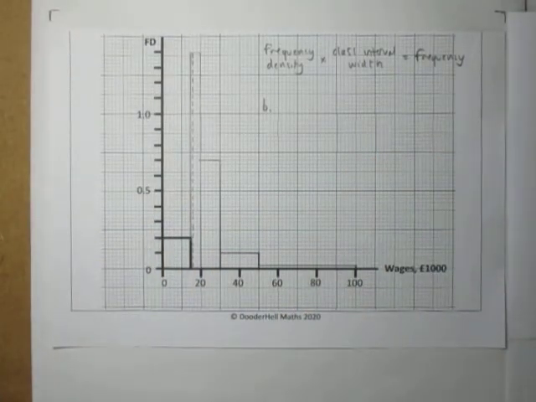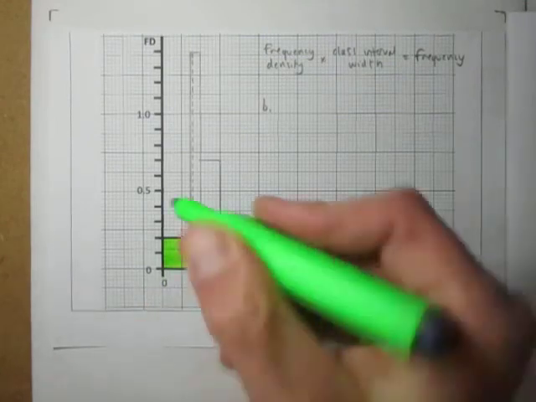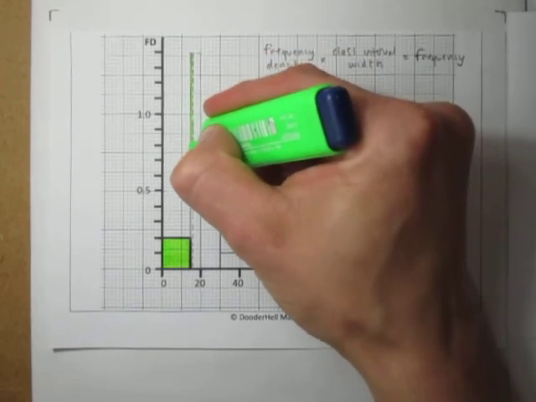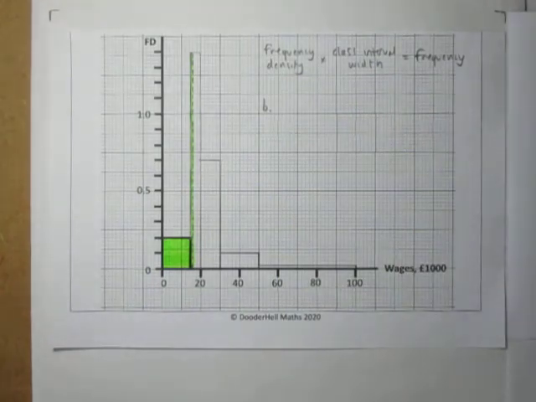So in other words, everyone earning under 16,000 must be these people here, plus this thin sliver down here, like so. Now we know that if we find the area of these bars, that is going to allow me to come up with an estimate for the number of employees earning under 16,000. So here we go then.